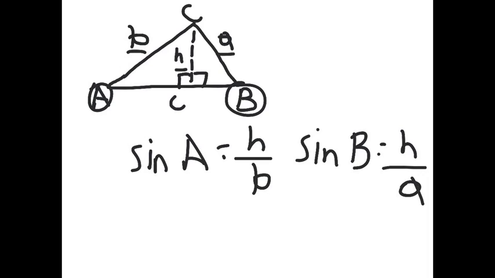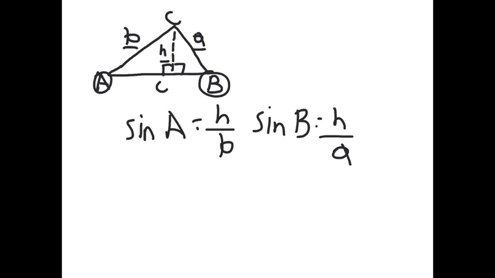Okay, so taking these two equations, now we want them to equal each other. To make them equate to each other, we want both sides to be equal to h.